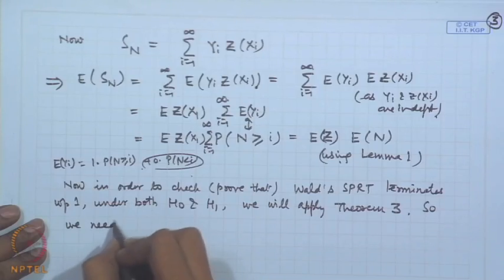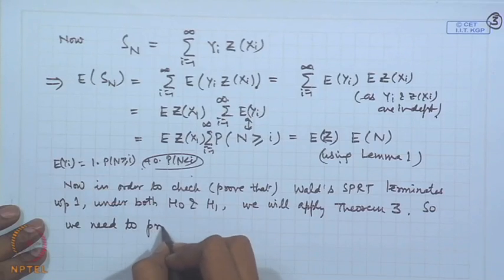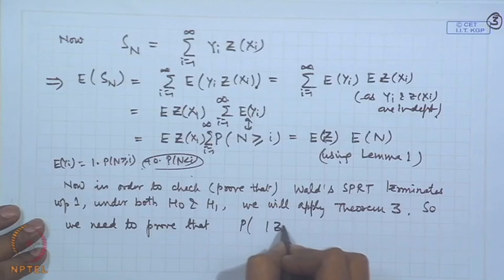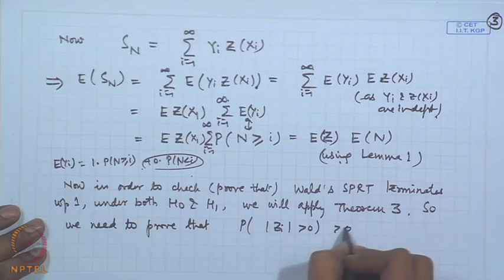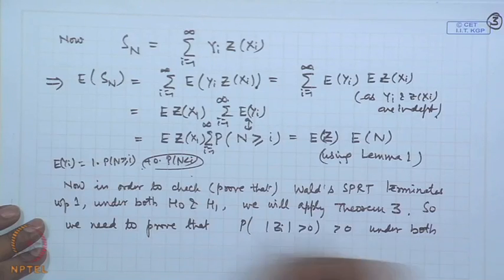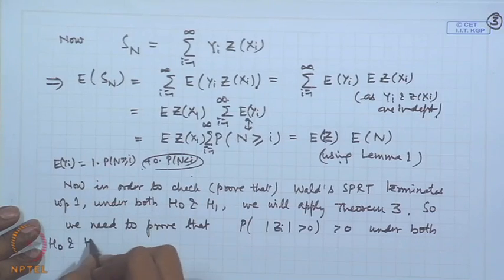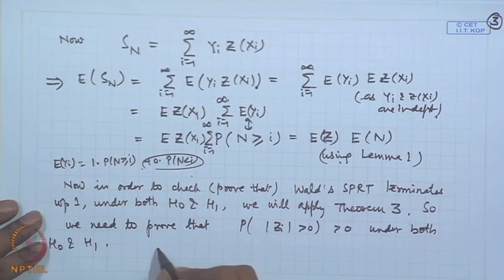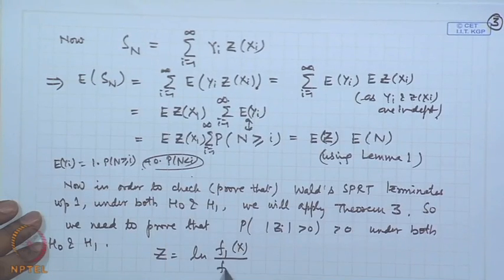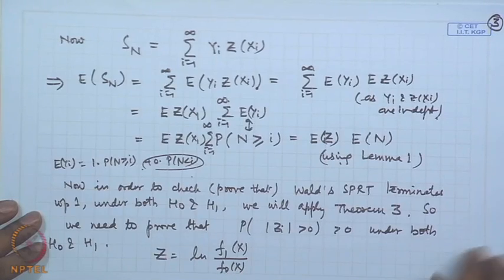So, we need to prove that probability of modulus z I greater than 0 is greater than 0 under both H naught and H 1. Now, let us recollect the definition of z, that is ln of f 1 x by f naught x.